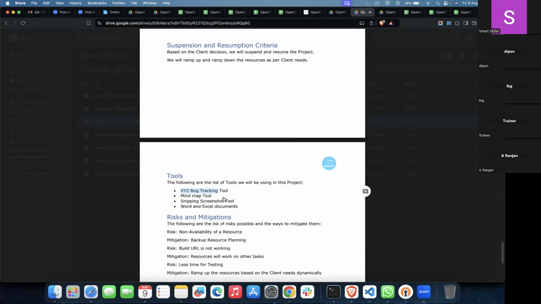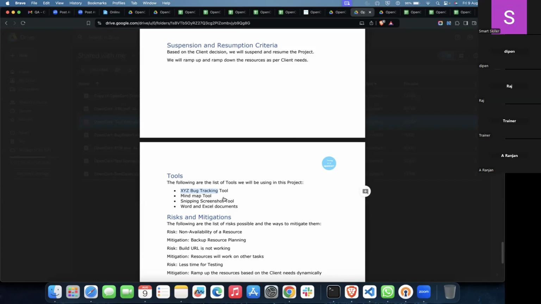So you can imagine how complex it would be to maintain the status of bugs over email. It's very complicated. That's why we use a bug tracking tool, and we'll be discussing it in detail at a later point in time. I'll also show you how exactly it works and give you an example. So that's why the bug tracking tool is one of the most crucial parts.